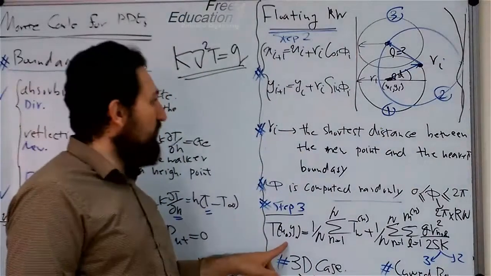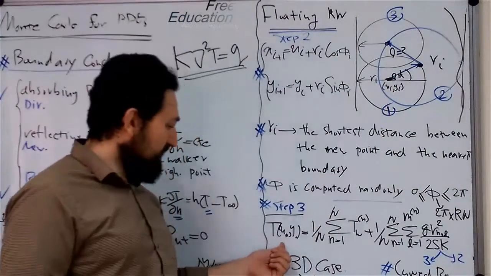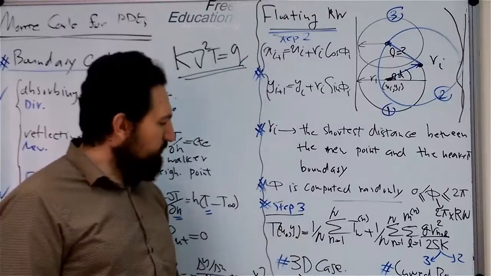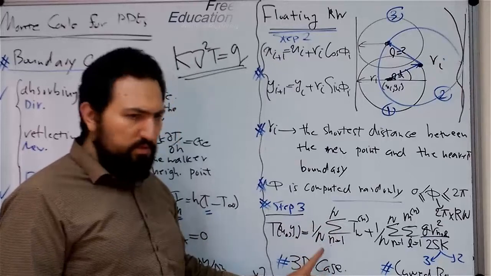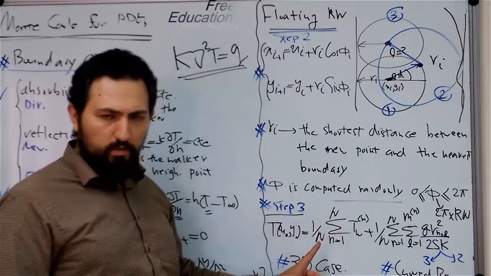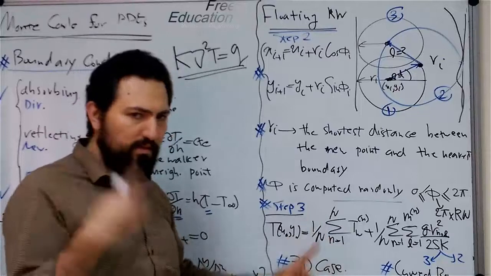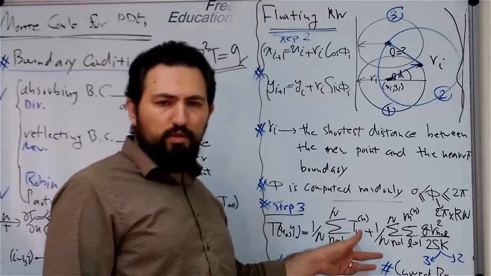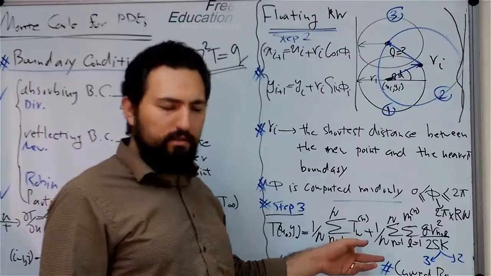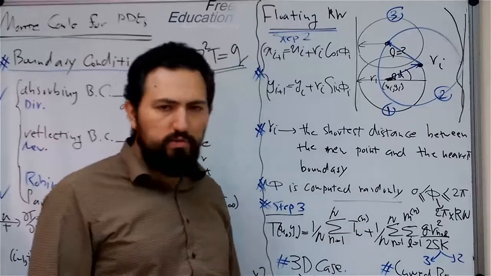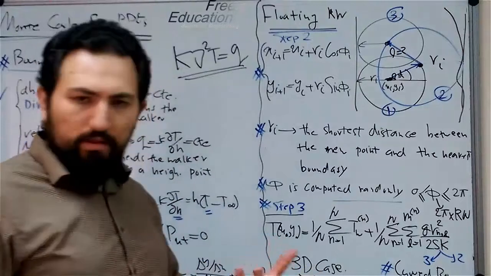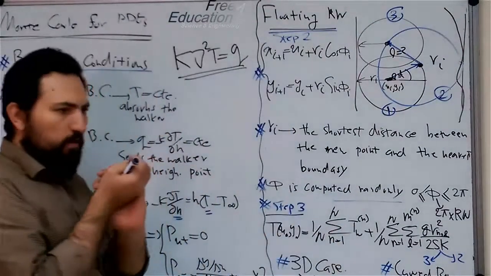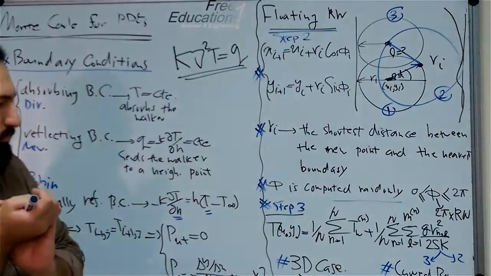So the temperature of the initial point, which was x sub 0 and y sub 0, equals 1 over n times the summation from n equals 1 for the first random walk to the nth random walk process. T sub w is the temperature of the wall at the end of the random walk processes, and n is the counter of the random walks. This is the average of the wall temperatures at the end of the random processes.